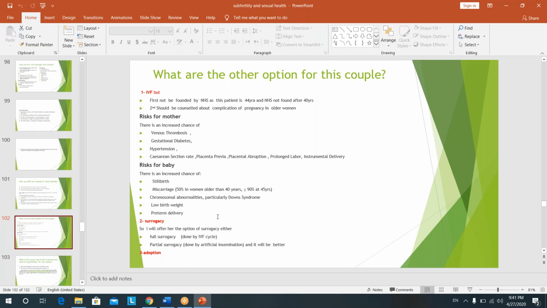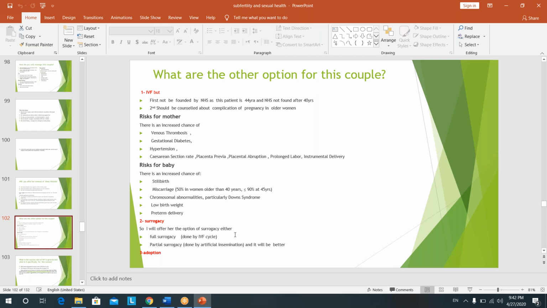We have 2 types of surrogacy, and you have to explain to the examiner that we have 2 types. The first one is called full surrogacy, which includes IVF. I will take the oocyte from the patient herself and fertilize it with her partner's semen in a test tube.